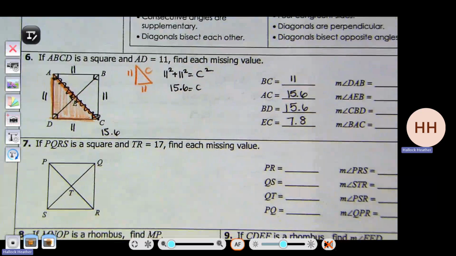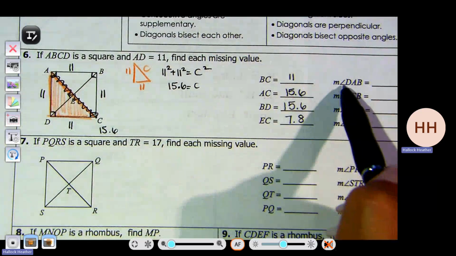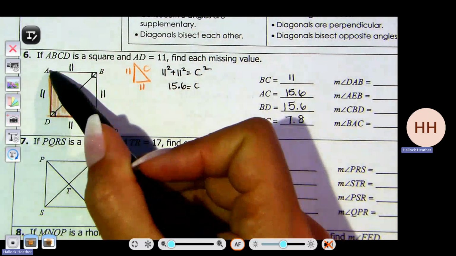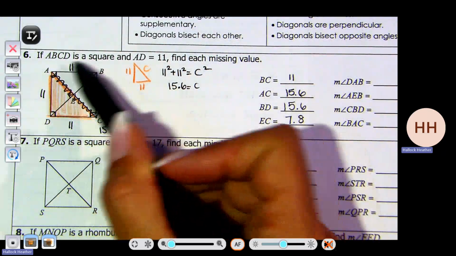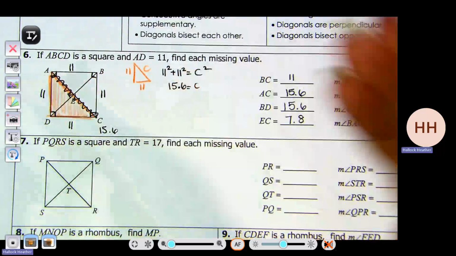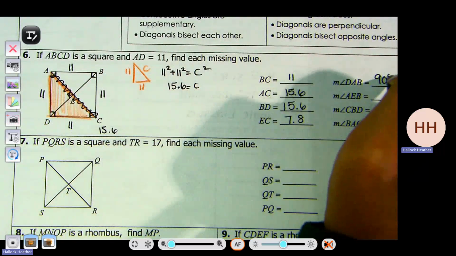So the first one says the measure of angle DAB. So if I start at D, I go to A, and I end at B. That's talking about all of A. So how much is all of A? 90, because it's a complete corner.